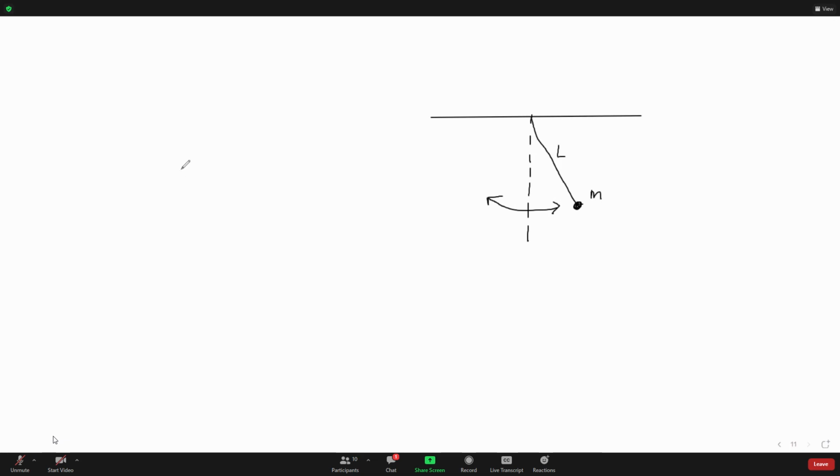So let's write down the torque. What is the torque on this mass? Well, the only torque is the gravitational torque. And the gravitational force in this direction is mg sine theta, where this is the angle theta.